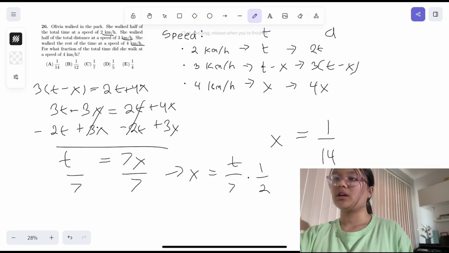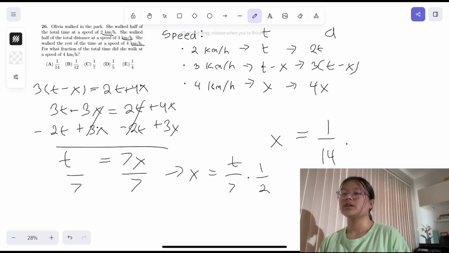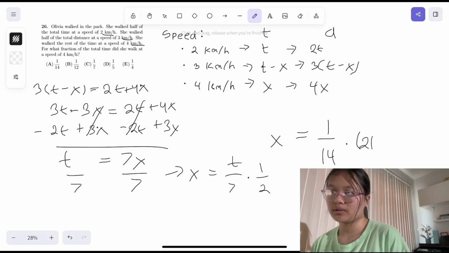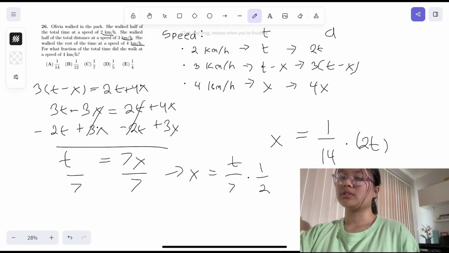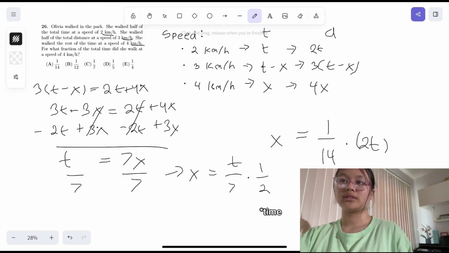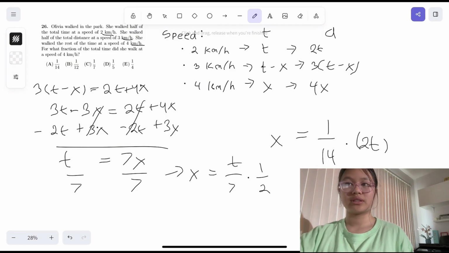So then we do 1 over 14 multiplied by 2t. So then now that is technically 1/14 of her distance. So the answer is A.